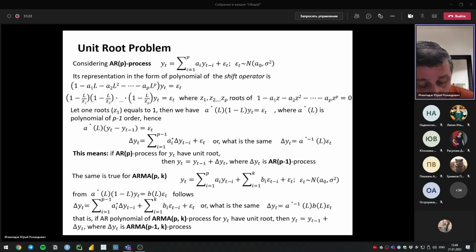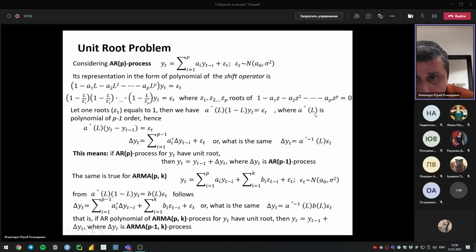What will happen then? Then one of the factors turns into 1 minus L. The remaining factors form a polynomial of order p minus 1, denoted as A asterisk (L).